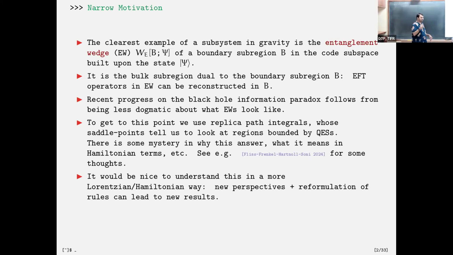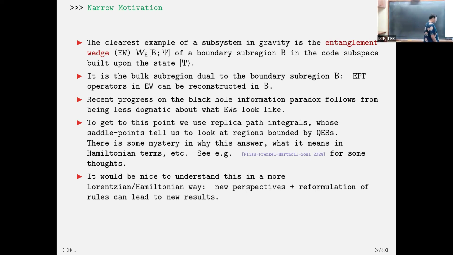So I will start with an investigation of subsystems from what we know up here. And I was just mentioning that really this black hole information paradox progress is just about being less dogmatic about what an entanglement wedge is. That's really it.